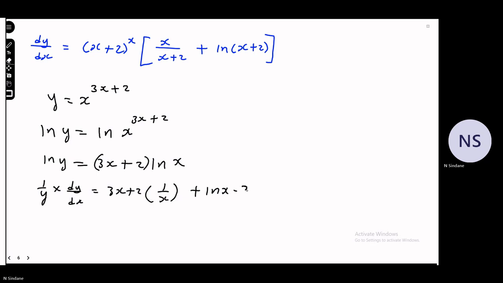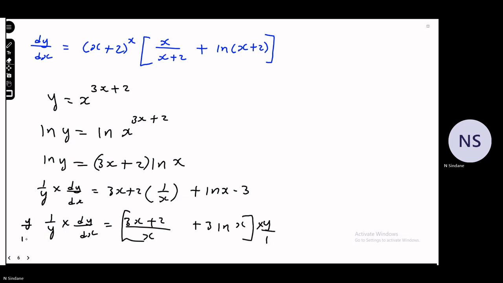Then 1 over y multiply dy over dx is equals to 3x plus 2 divided by x plus 3 ln of x, and then cross multiply by y over 1.